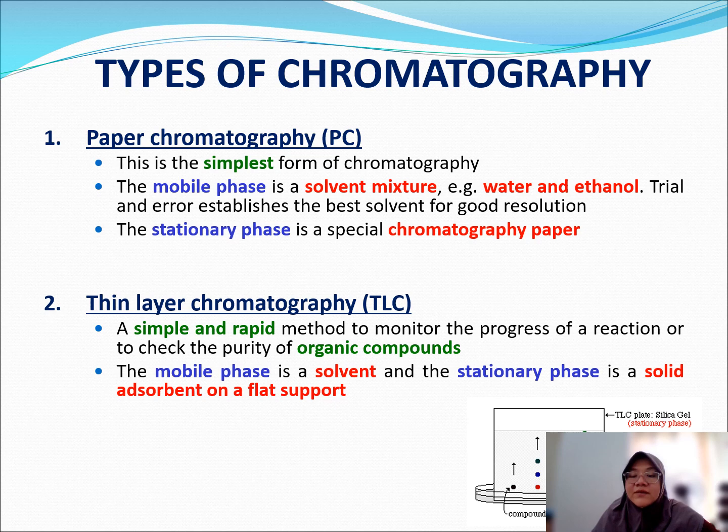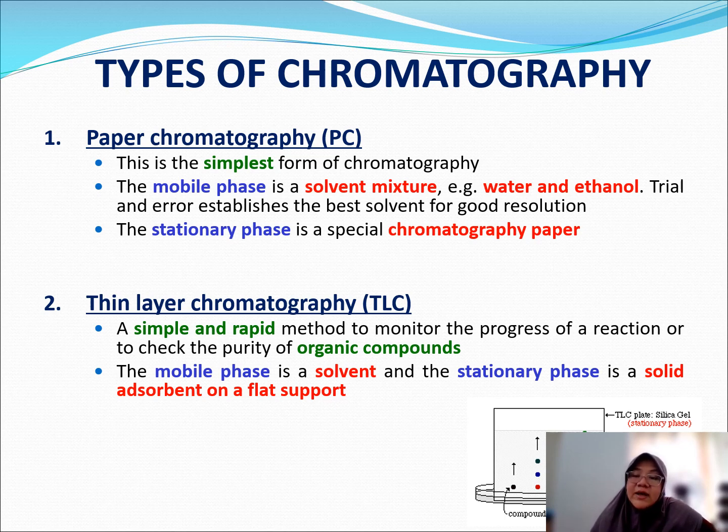Types of chromatography, there are 6 in total, but number 1 is paper chromatography, number 2 is thin layer chromatography. Paper chromatography is the simplest form of chromatography, where we use only the paper, like what was shown just now.